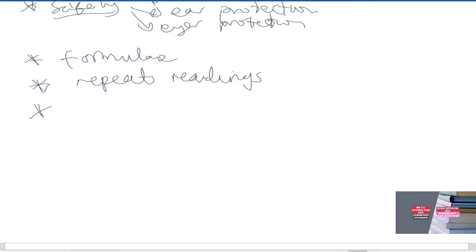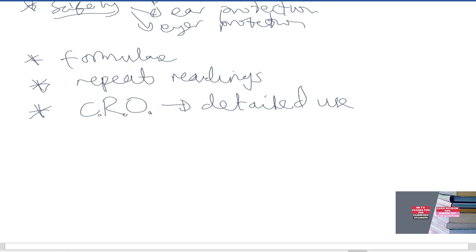Also, let's say you want to use the CRO, the detailed use of a CRO. Suppose you have mentioned you can find the frequency from this cathode ray oscilloscope. Okay, so the detailed use of the time base of a CRO, if you mention it under additional detail, they will give you the mark. Remember, the time base setting is the one that gives you the time. Then from the time you get the frequency.